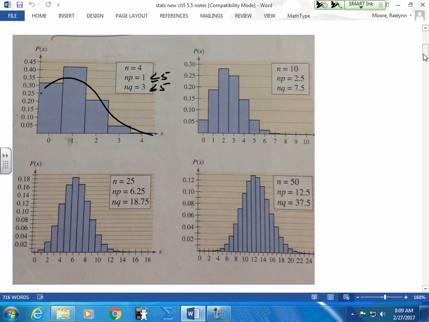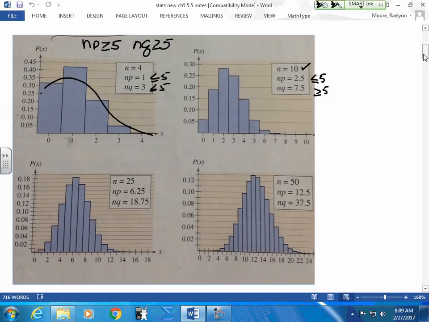So we need to say n times p greater than or equal to 5, n times q greater than or equal to 5. Okay, here's another one. N is 10, but my n times p is less than 5. My n times q is greater than or equal to 5. It means my probability was probably small, but my 1 minus my probability, my q, was a little larger.